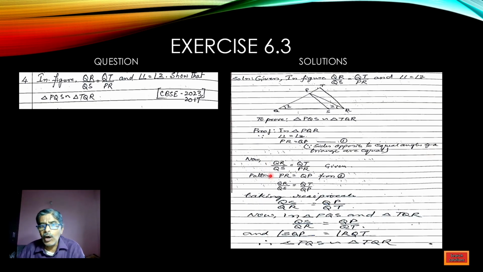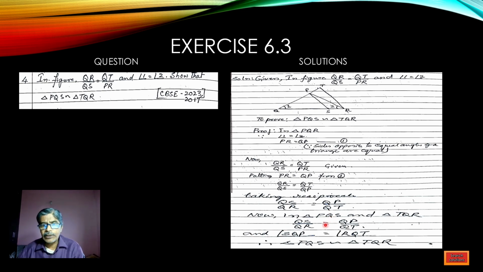Now, QR by QS is equal to QT by PR, which is already given. So putting PR is equal to QP from 1, we get QR by QS is equal to QT by QP. So taking reciprocals, QS will come to the top, QR will come to the bottom: QS by QR is equal to QP by QT.